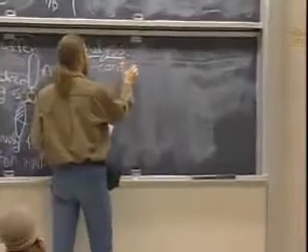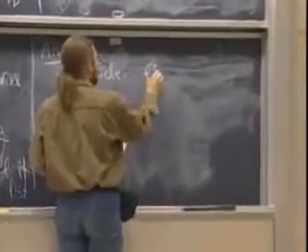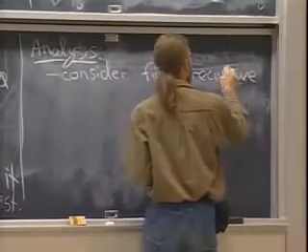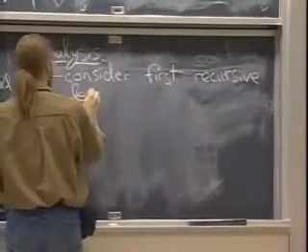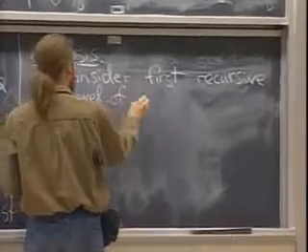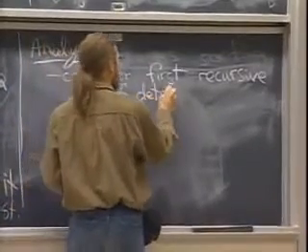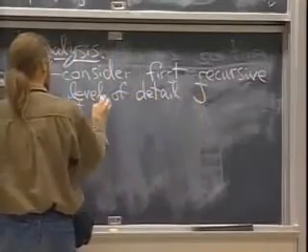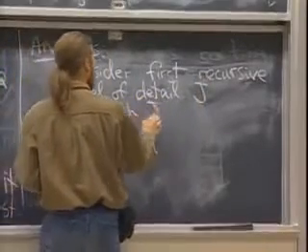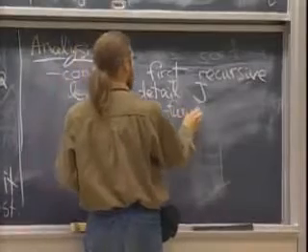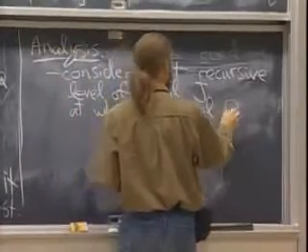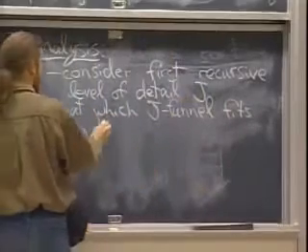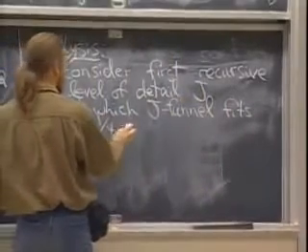So consider the first recursive level of detail, and I'll call it J, at which every J funnel we have fits. Not only does it fit in cache, but 4 of them fit in cache. It fits in 1/4 of the cache.